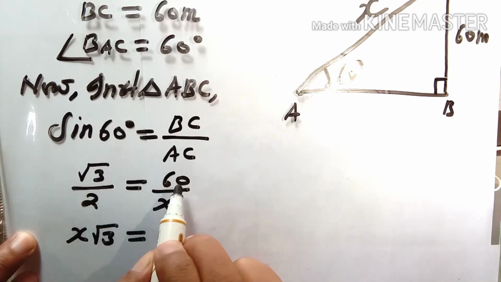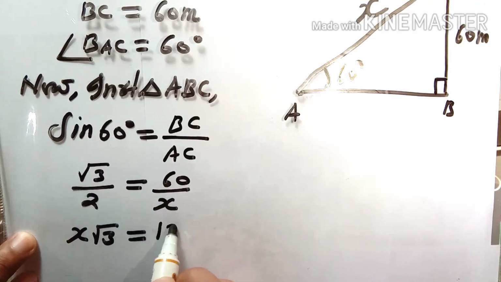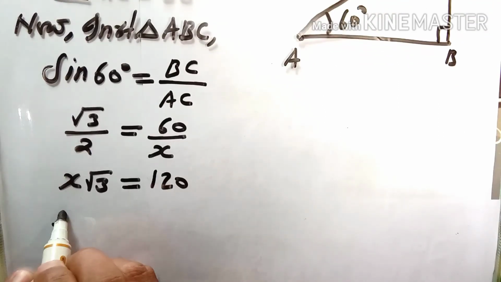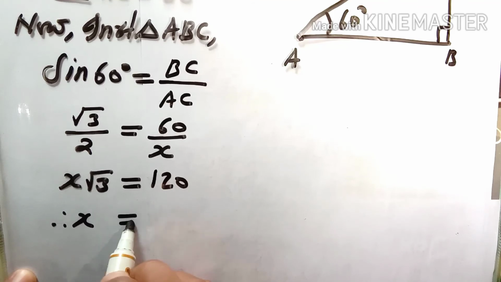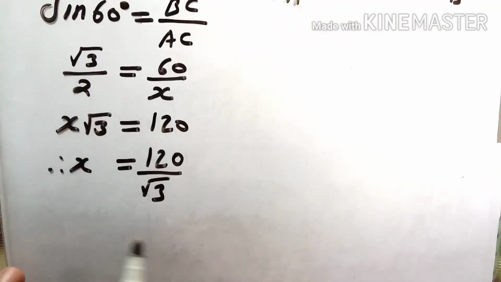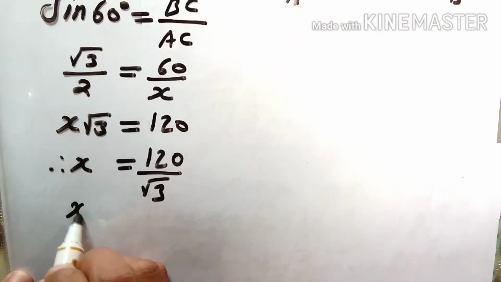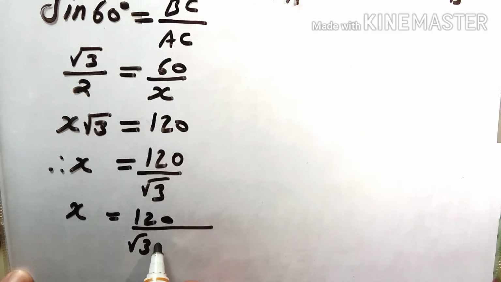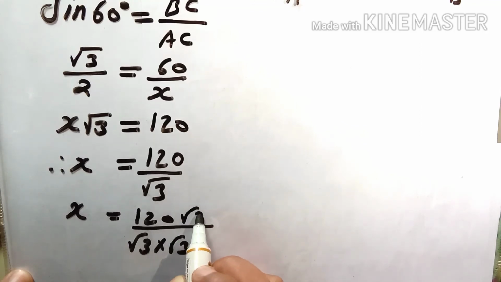Now 2 into 60 equals 120. Therefore x equals 120 upon root 3. After that we need to rationalize: x equals 120 upon root 3, so multiply by root 3 in the denominator and numerator.